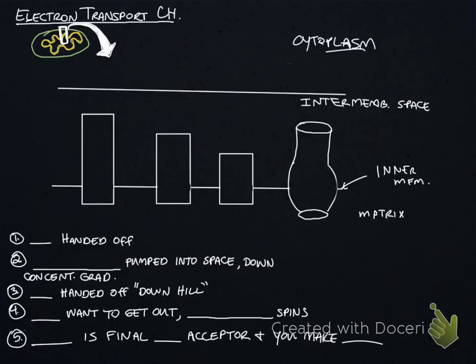So you have proteins found on the inner membrane of the mitochondria that are going to utilize these electrons and turn them into ATP. So what happens first? So let's get our electrons. Remember, we had 12 of them, and they're going to be handed off down these proteins.